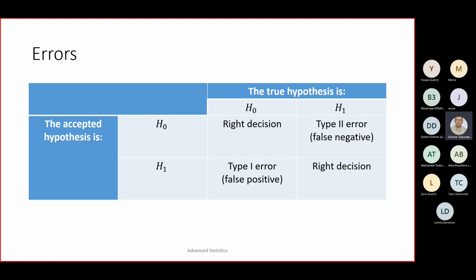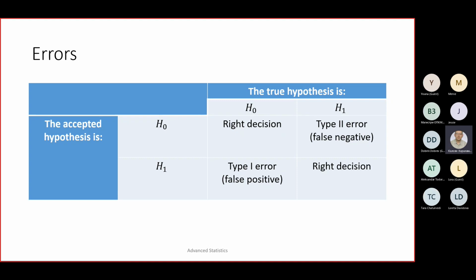So these two examples show that there is no strict rule. We cannot say that always type 1 error is more dangerous, or always type 2 error is more dangerous.